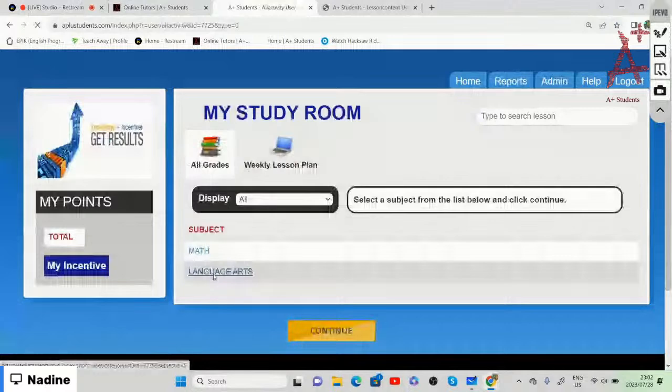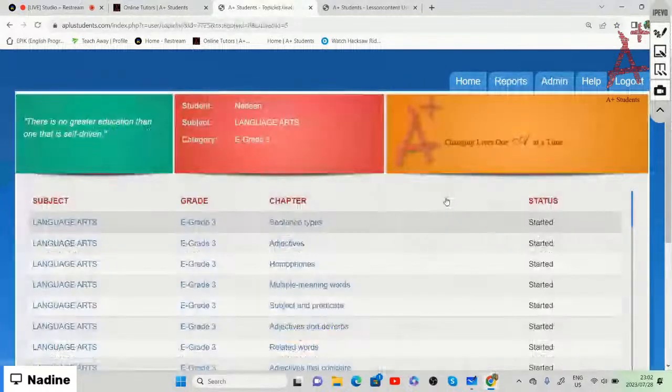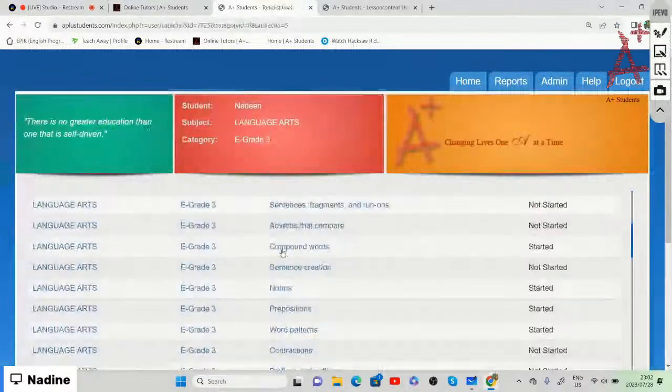Once we've chosen language arts, we're doing grade 3. Then we are going to scroll down until we get to the chapter of compound words.